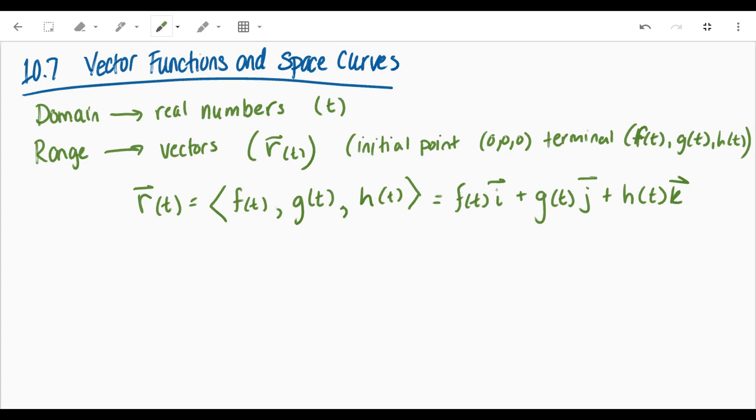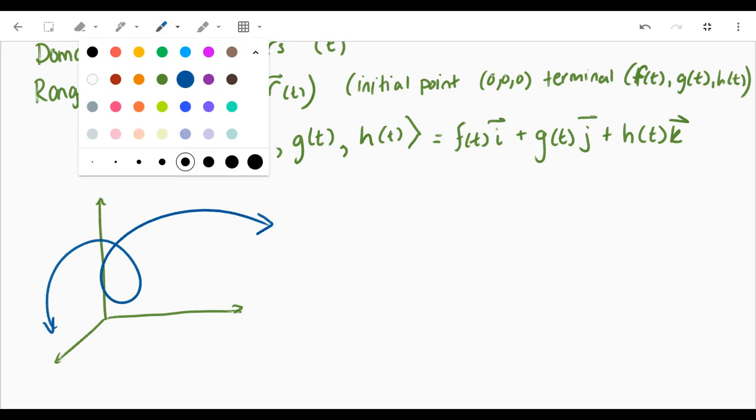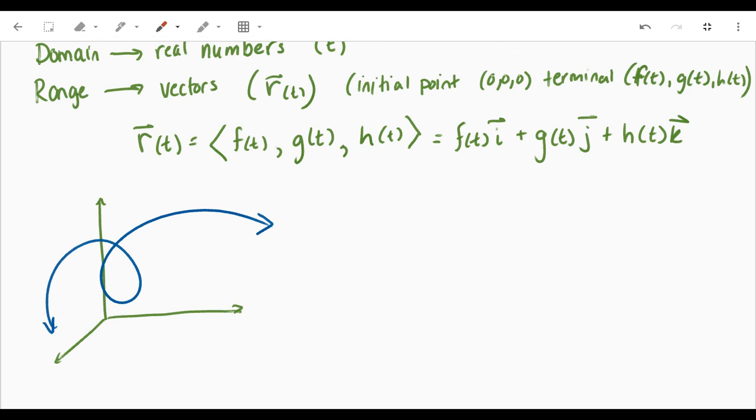Okay, so let me just do one more little drawing here. 3D it. So, you might have a vector valued function that in space looks like that. And maybe you've got, let's see, maybe like right here is r of 1.